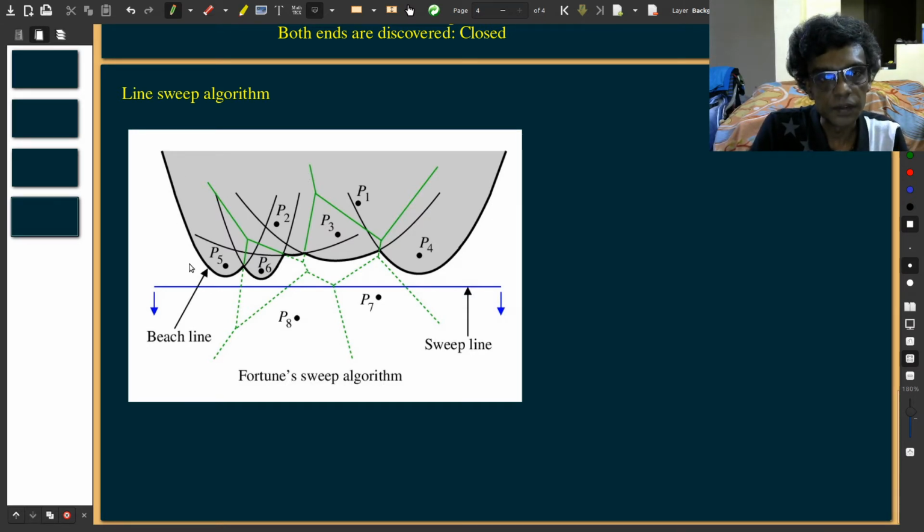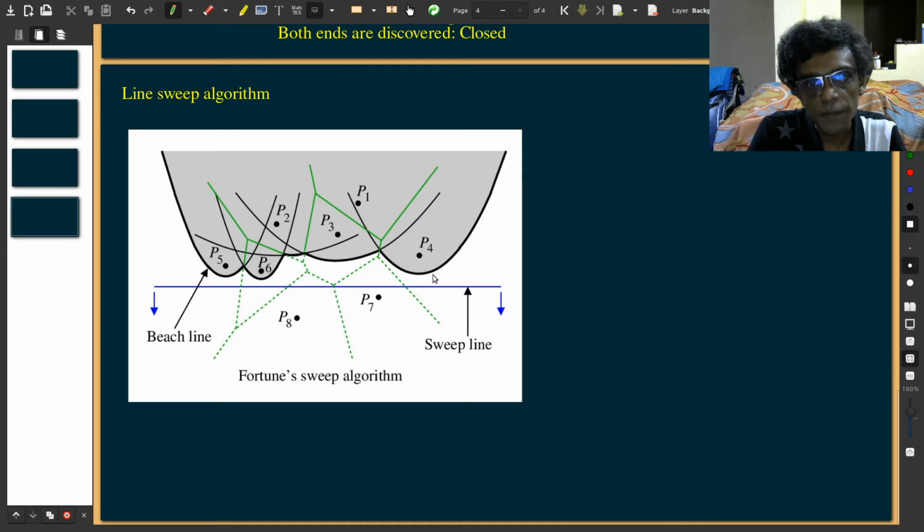Now, this is a parabolic arc extending infinitely upward, opening upward. Likewise, for the site P6, I have this parabolic arc. This is P2, this is the parabolic arc. Likewise, for P3, I have this parabola. For P1, I have some parabola here, but it is not contributing anything now.